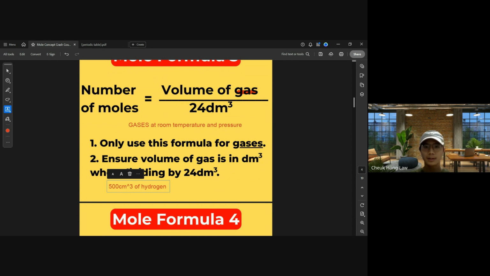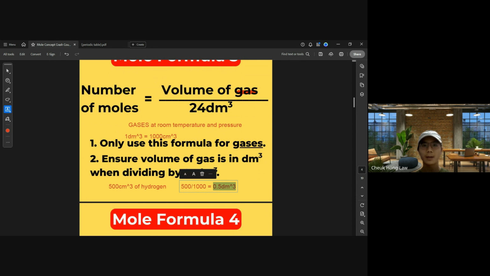All right, so 1 dm cube is equivalent to 1000 cm cube. So to change 500 cm cube to dm cube, I will need to divide by 1000, right? So 500 divided by 1000, I'll get 0.5 dm cube. Okay, so 0.5 dm cube will be the volume of hydrogen.